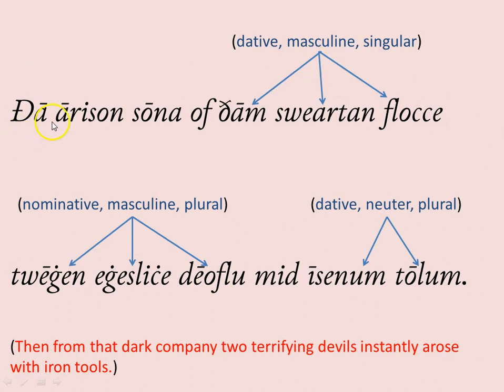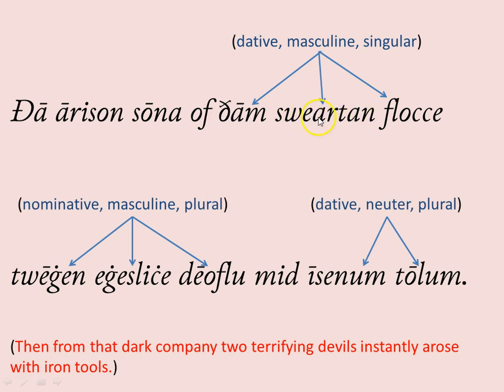"Þa arison sona of þæm sweartan flocce twegen egeslice deoflu mid isenum tolum." So then from that dark company, two terrifying devils instantly arose with iron tools. And notice here, þæm sweartan flocce, dative, masculine, singular.